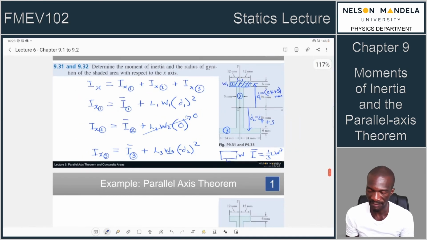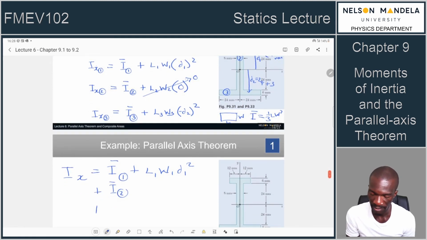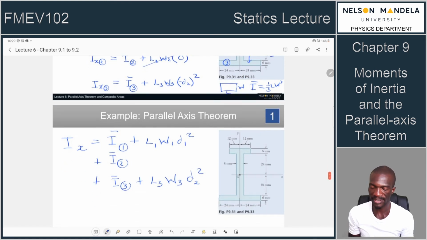So your total moment of inertia about the x-axis is the centroidal moment of inertia for area number 1, plus L1 W1 D1 squared, plus the centroidal moment of inertia for area number 2, plus the centroidal moment of inertia for area number 3, plus L3 W3 D2 squared, and you've got your total moment of inertia about the x-axis.